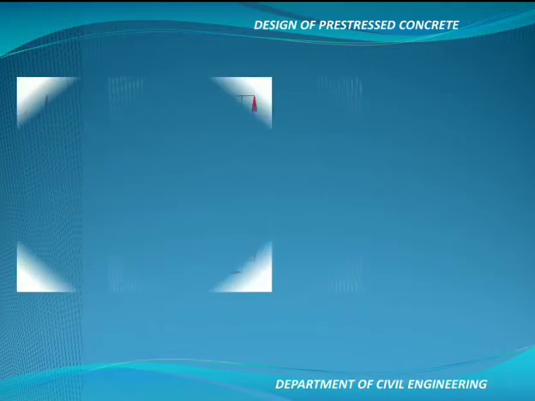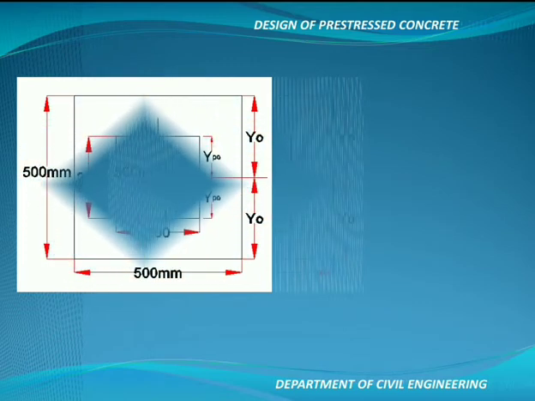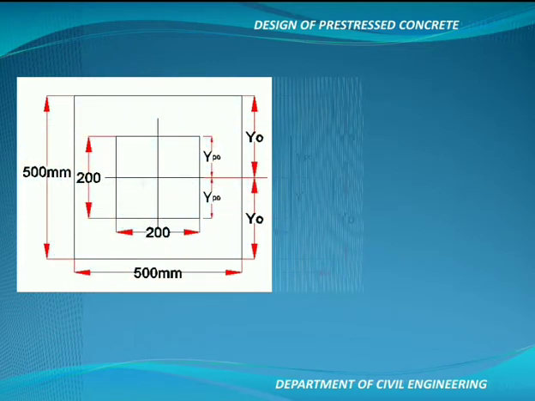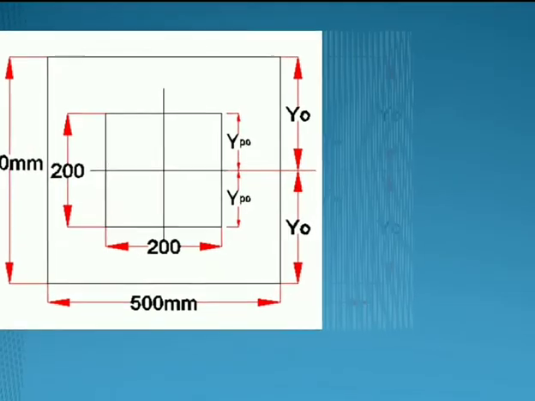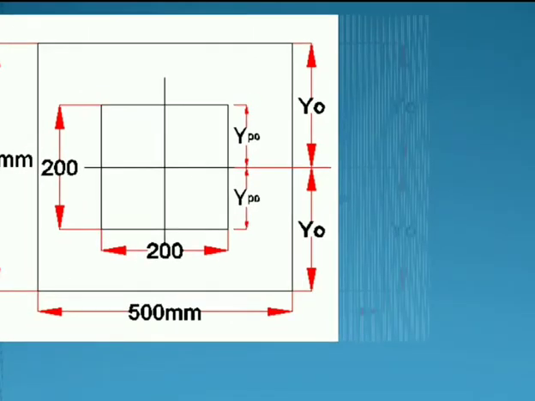In this, the first very important step is to draw a clear diagram. In the figure which I have shown here, I have shown the section 500 by 500. Then I have shown the bearing plate 200 by 200. Then this nomenclature is very important: Y p naught and Y naught.